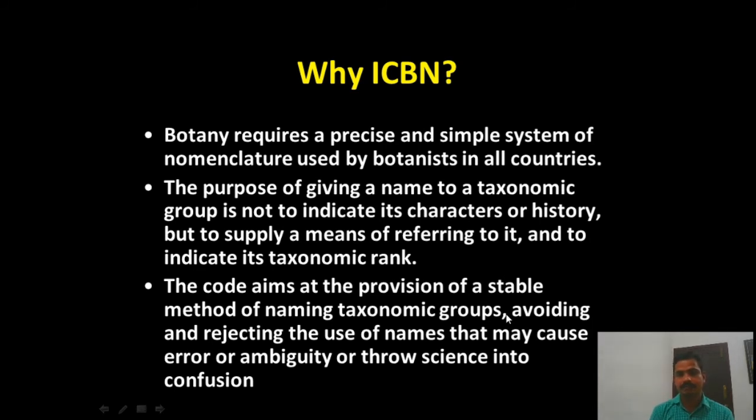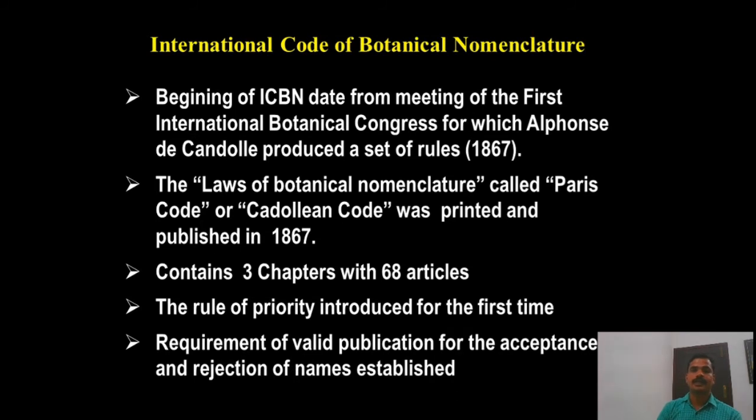So these are plants at any category or level, that is taxonomic groups. It aims at avoiding and rejecting the use of names that may cause error or ambiguity or throw science into confusion, to make the procedure consistent. That is the purpose and the aim of ICBN.